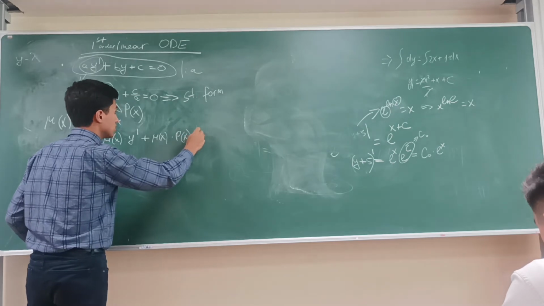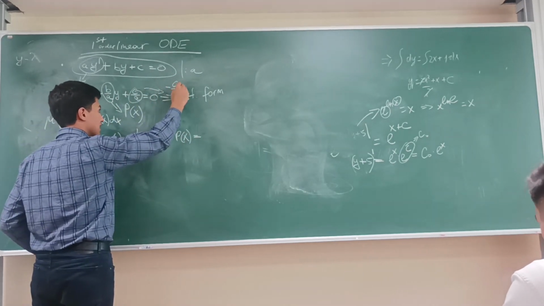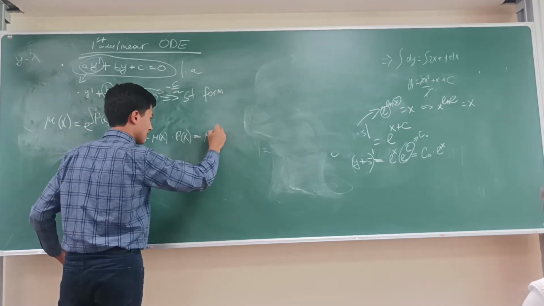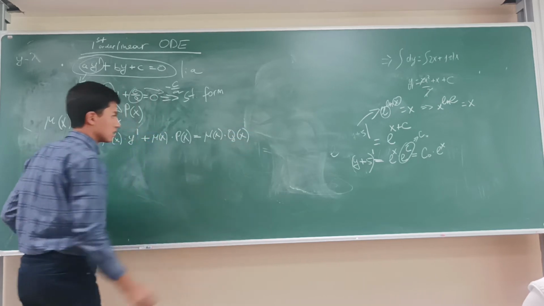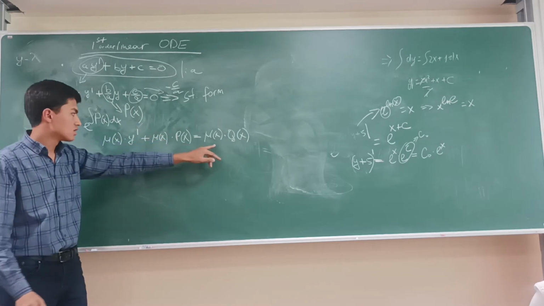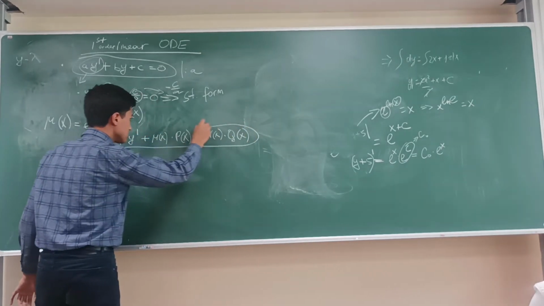And this equals, let's say we move this to the other side, c over a with a minus sign, and let's write it as a function q(x), multiplied by mu of x. So c over a is not a constant, it's going to be a function.